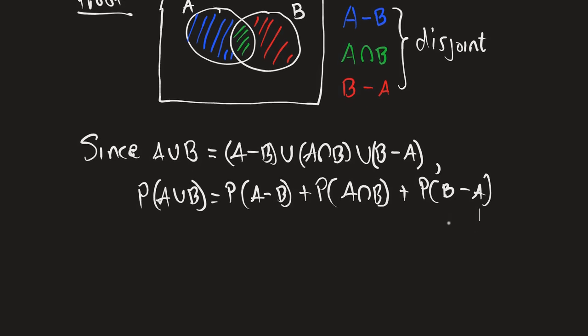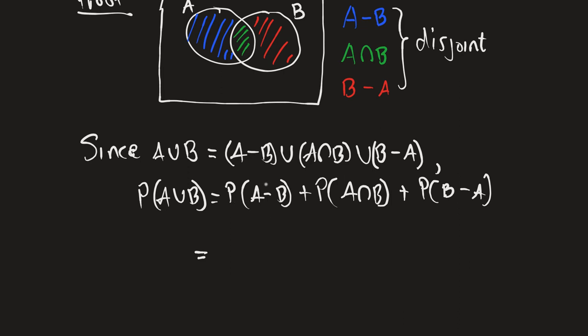Okay, now let's think about A minus B specifically. Well, A minus B would be taking all the elements in A and subtracting the portion that overlaps. So take all of A, but then take away the green part.